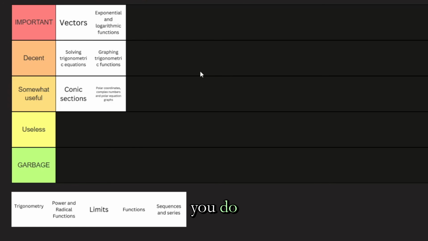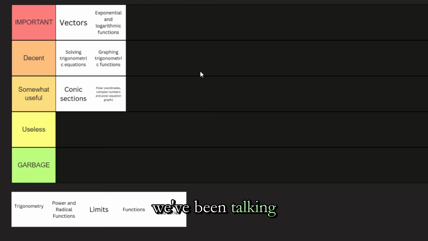You just need to know how they work, like how they oscillate, their domain and range, what they look like, or the horizontal and vertical asymptotes. You don't need to specifically know how to graph them after precalculus. Obviously, in AP Precalculus they're going to make you graph it, but it's somewhat useful to an extent.